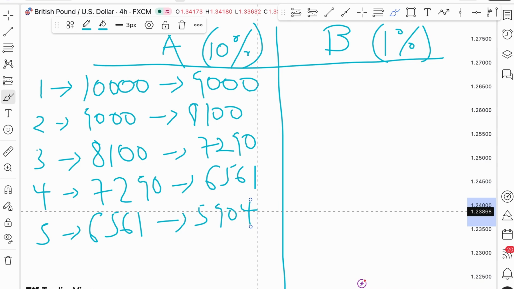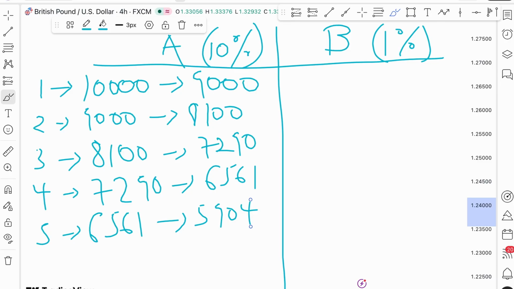Let's take scenarios based on trader B risking just 1% of his capital per trade. And we will see the difference between risking higher and risking lower on your account. Keep in mind, survival is always key.